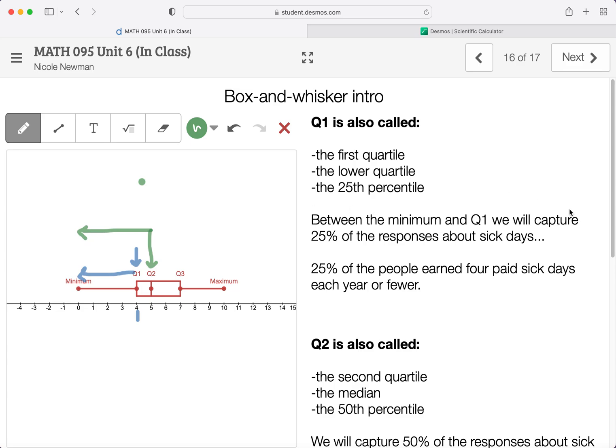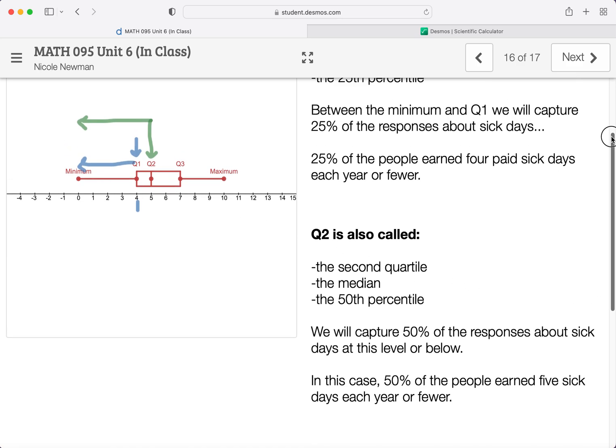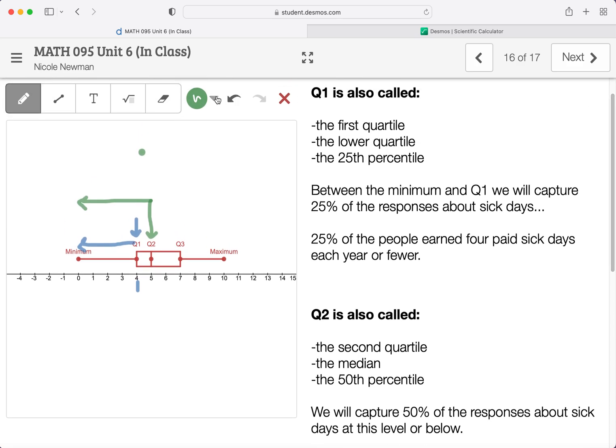And then we have a Q3 as well. And I think I asked you to kind of use some pattern recognition to talk about how we would describe this. So for Q3, a box and whisker plot chunks things up into sets of 25%.